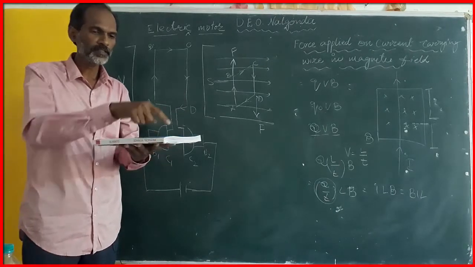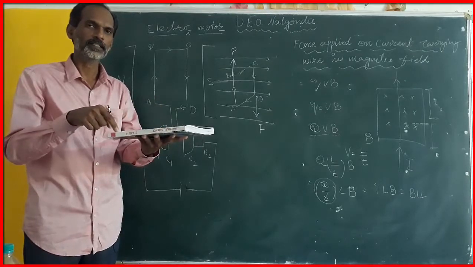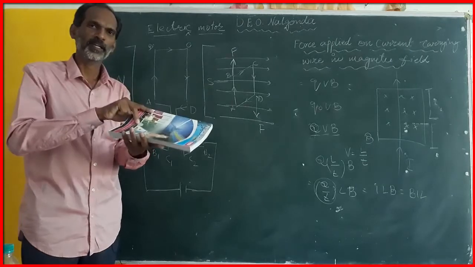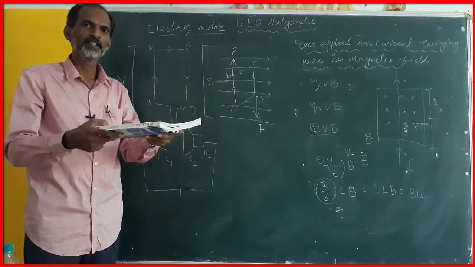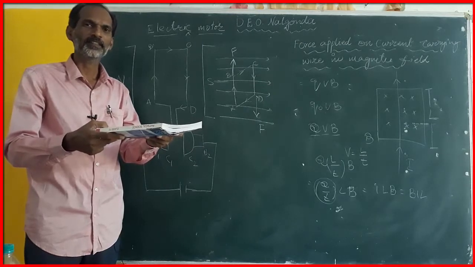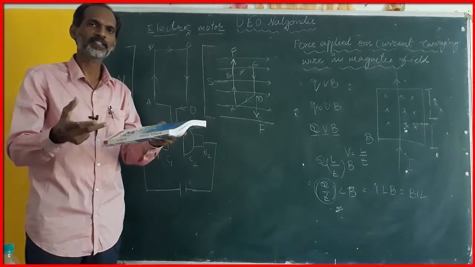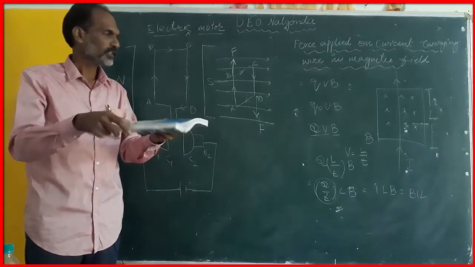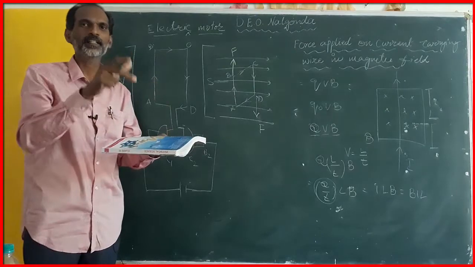If we cannot change the direction of the electric current at half of its rotation, it comes back, and we cannot make the armature rotate continuously, so we have to change the direction of the electric current. Unless we change the direction of the electric current in the side AB, we cannot make the coil rotate continuously.